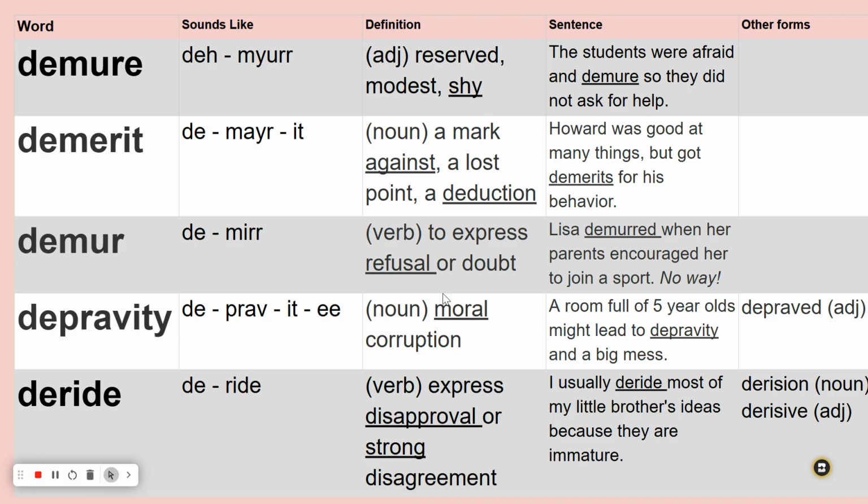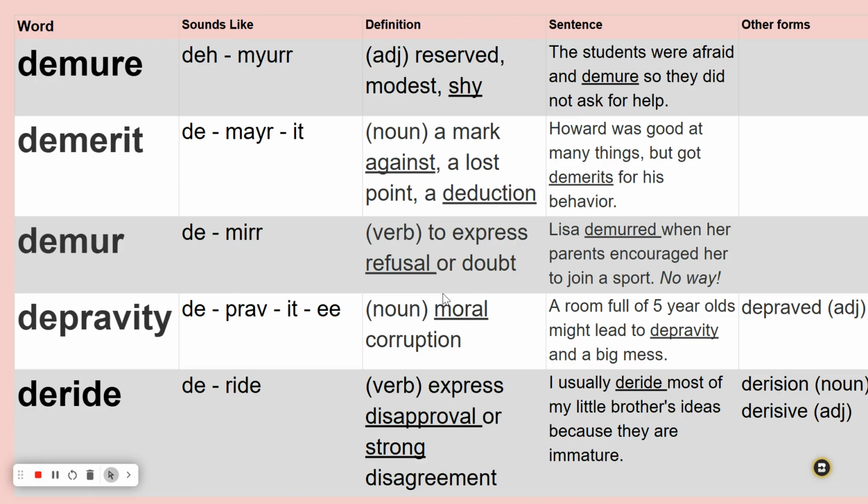The students were afraid and demure, so they did not ask for help. And I think your notes actually have, the students were too demure to ask the difference between demure and demur. Demur is another word that you'll see coming up here.